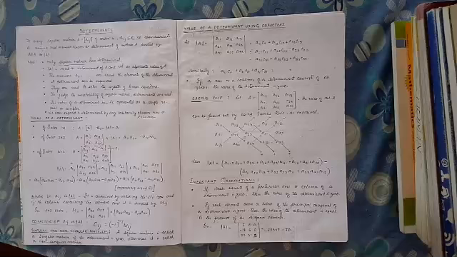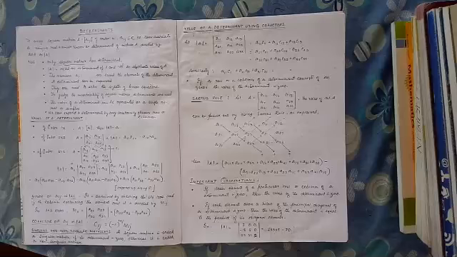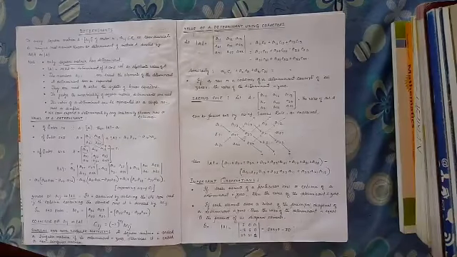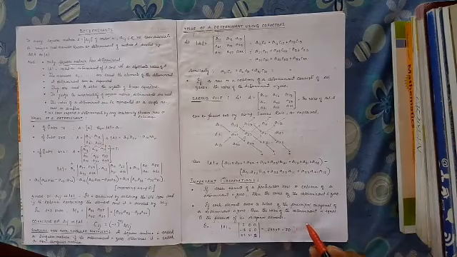Second, if each element above or below the principal diagonal, this is actually the principal diagonal, is 0, then the value of the determinant is equal to the product.